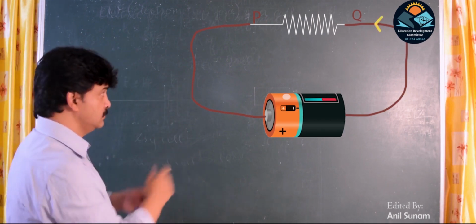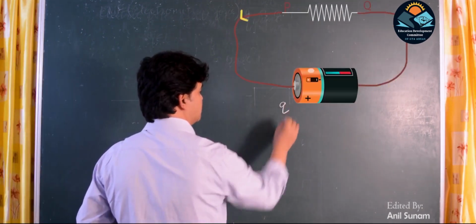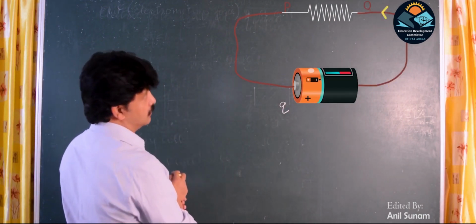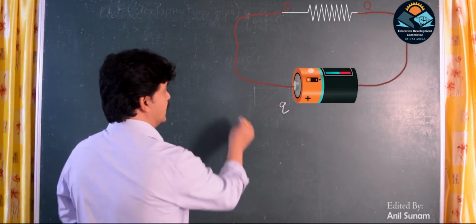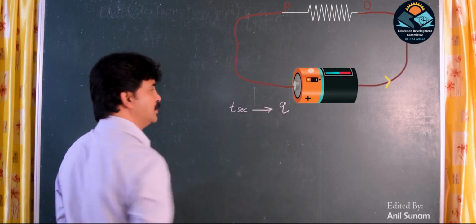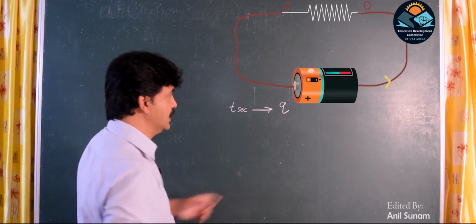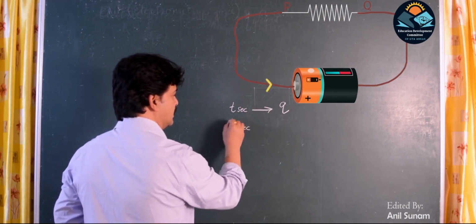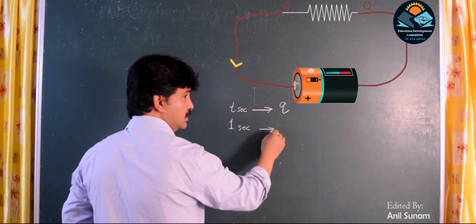So let's say Q amount of charge flows through the resistance in T seconds. So in T seconds, how many charges are flowing? Q. So in 1 second, how many charges will flow?